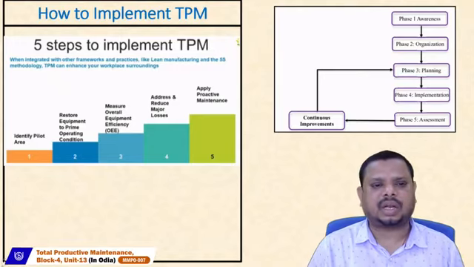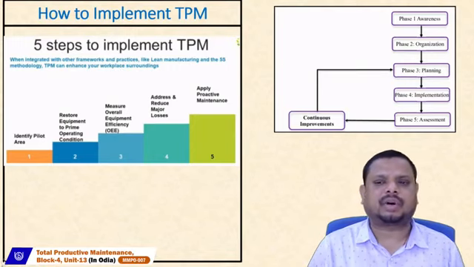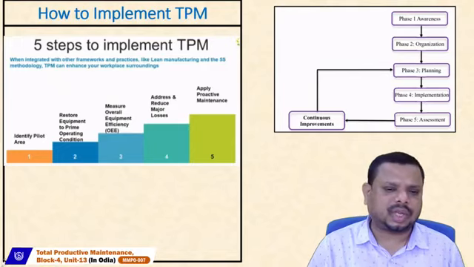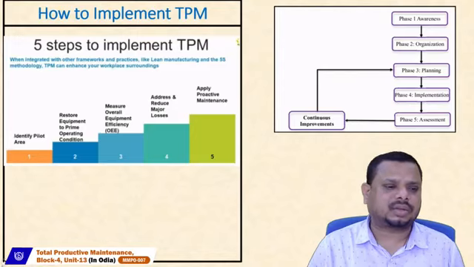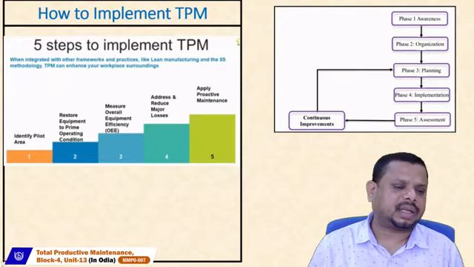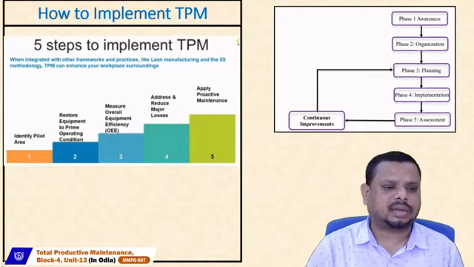So how have they enhanced the implementation of TPM with respect to the three objectives of TPM? That means zero defects, the next one is zero breakdowns, and the last one is zero accidents. So the first important point is that they have to identify the pilot areas. The second one is to restore equipment to the primary operating conditions.